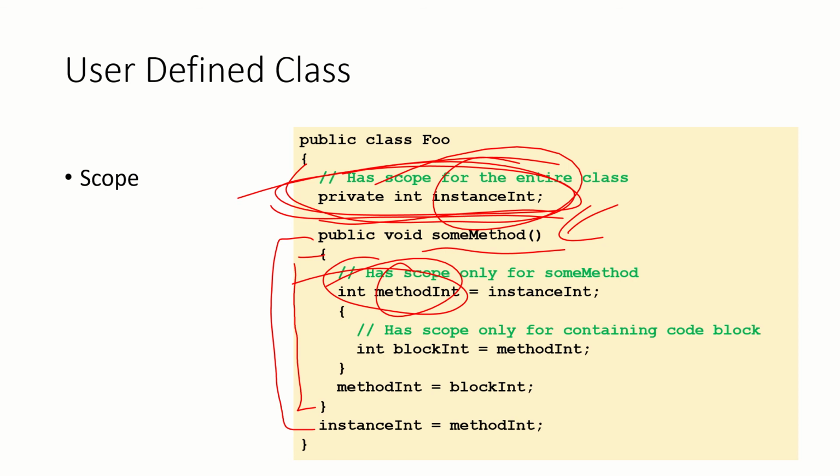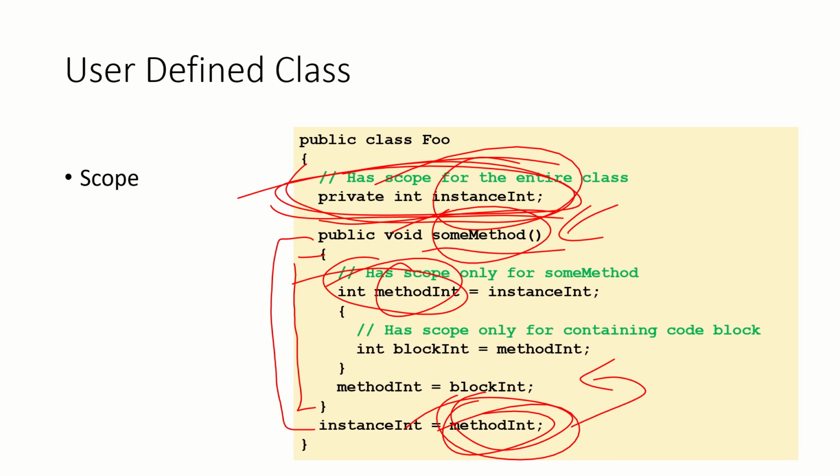So this will give you a problem. The method int is out of scope. It is supposed to be used inside that method, but right now we used it outside of the method.